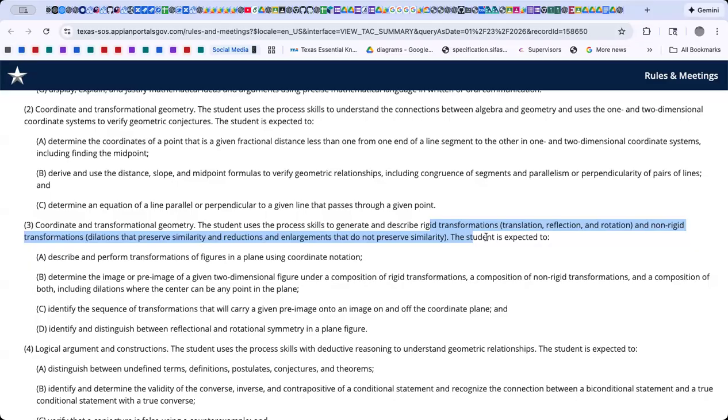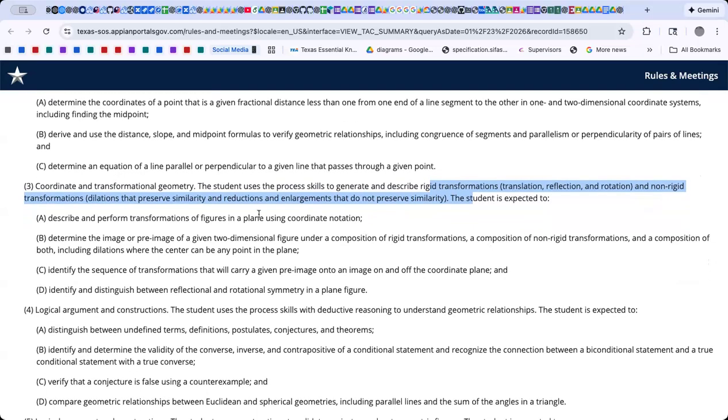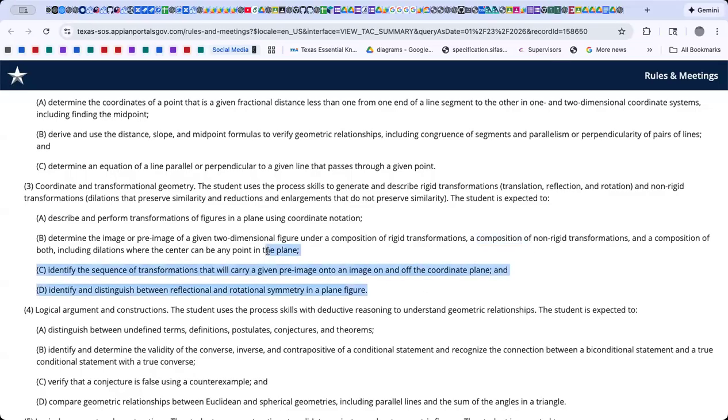Remember, it should be read from right to left. All that stuff differentiates you in these transformations. Then determine pre-image and image. Composition of non-rigid transformation is very important, and dilation around a point that's not the origin. Those are the extra things we learn here.